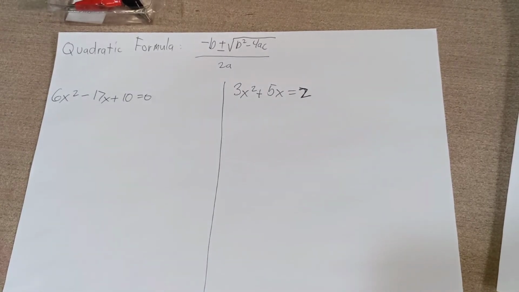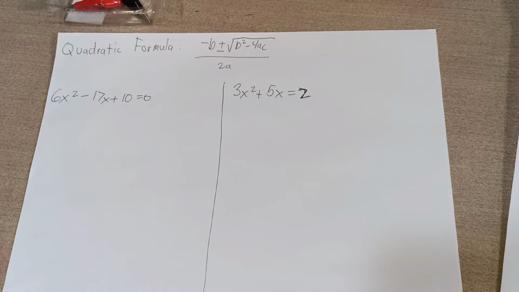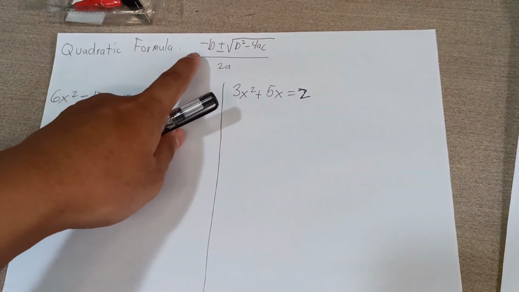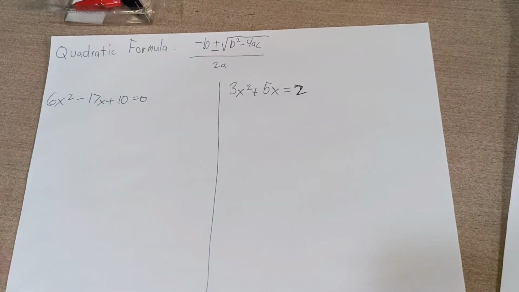Now let's proceed to our final method on solving the quadratic equation. This method only uses one thing, the quadratic formula. Negative b, plus or minus the square root of b squared minus 4ac, all over 2a.